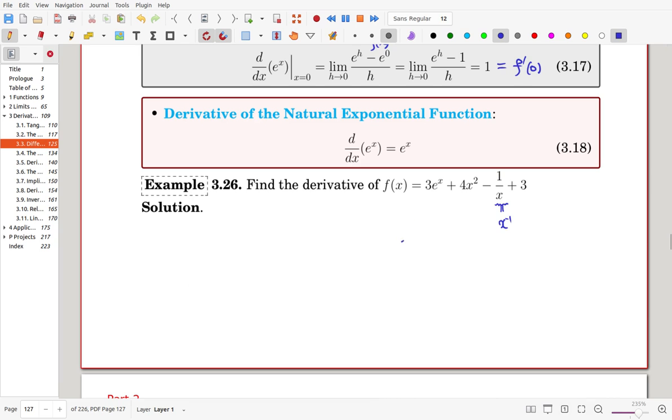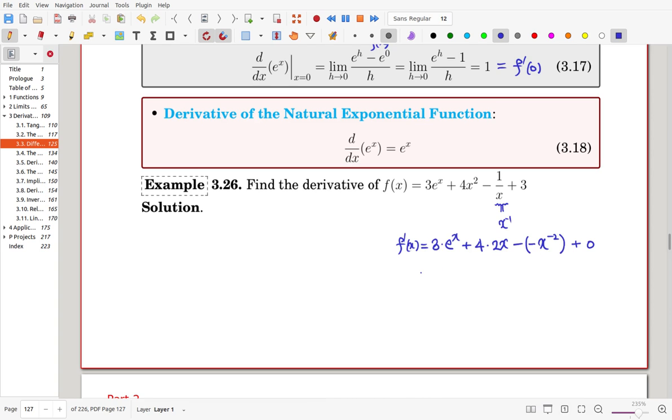For the function, f prime of x is 3 times the derivative of e to the x, which is e to the x, plus 4 times the derivative of x squared, which is 2x, and minus the derivative of x to the minus 1, which is minus 1 times x to the minus 2. And the derivative of 3 is 0.